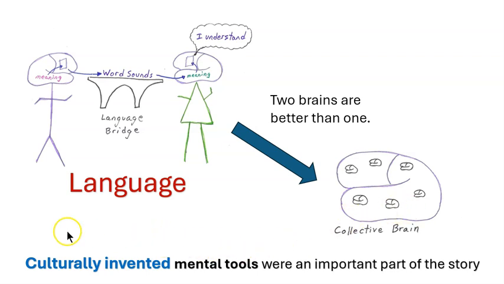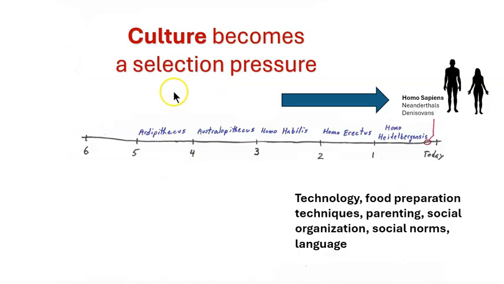So initially, we're going to call this a cultural invention, but then, of course, it did set up selection pressures on human brains to evolve circuitry that makes us especially prepared for language. And this becomes another important theme in human evolution, that culture becomes a selection pressure in the evolution of our brains and our bodies.